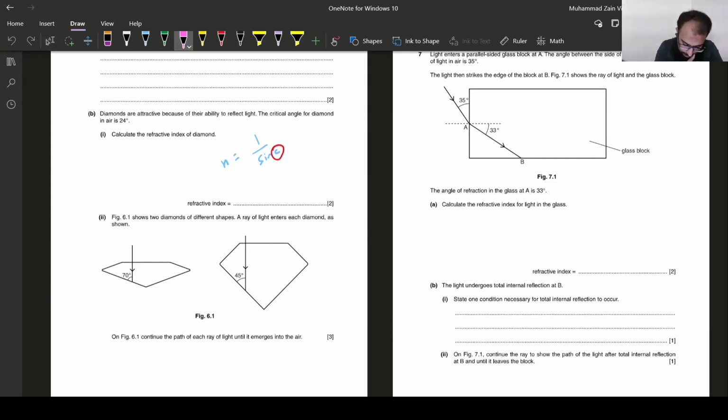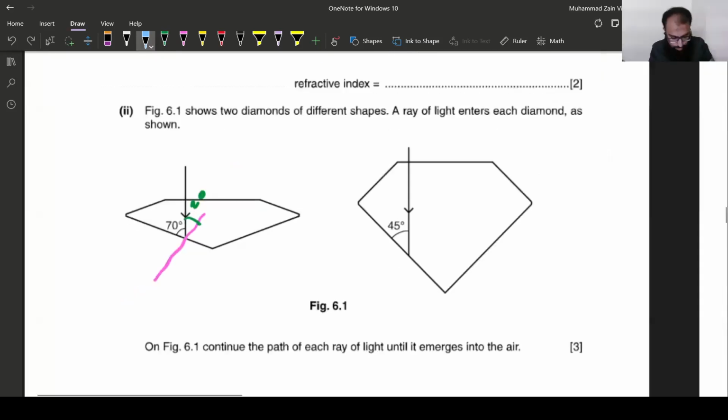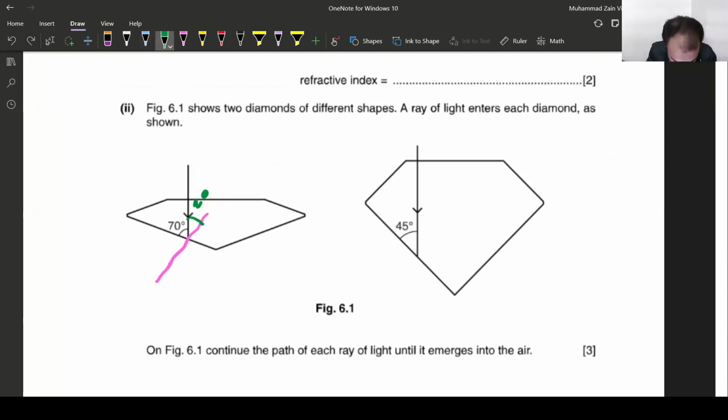So to find the angles, for the first part, I'll first need to make this normal with the surface. So I just do that. I make a normal with the surface. So I get this normal. And obviously my angle of incidence would be the angle which it makes with the normal. So this is obviously supposed to be 20 degrees because the normal makes an angle of 90 degrees with this. We use a lighter pen.